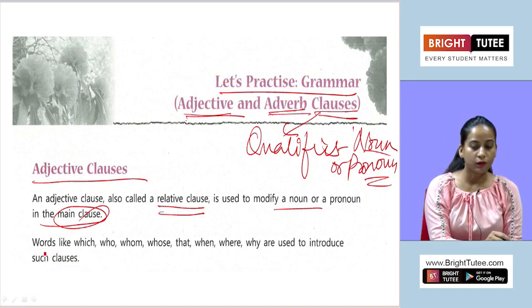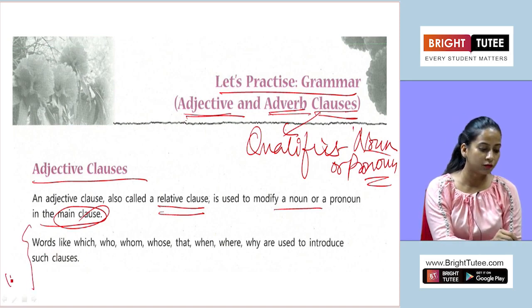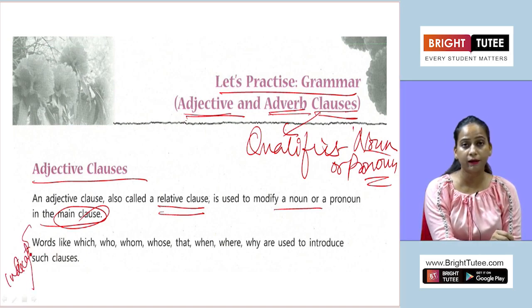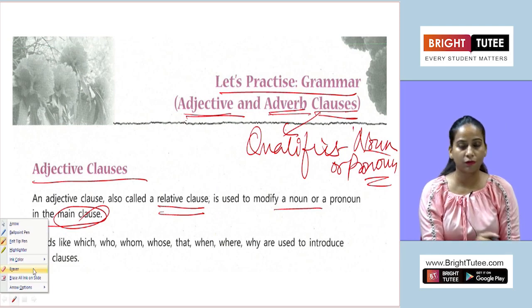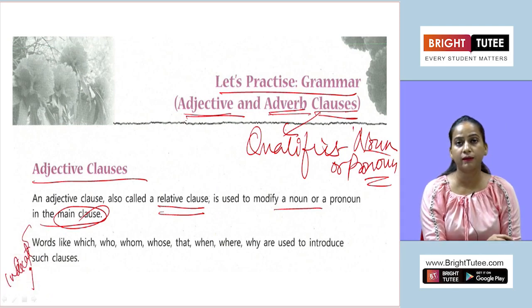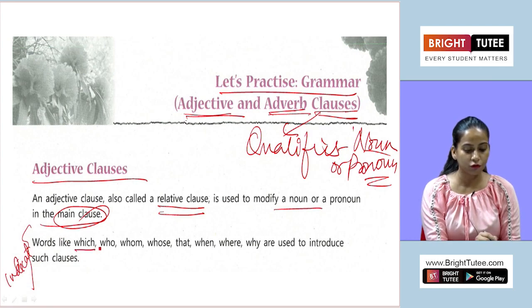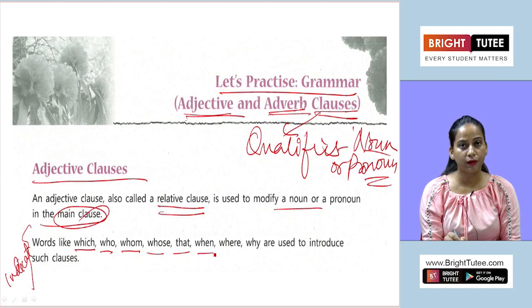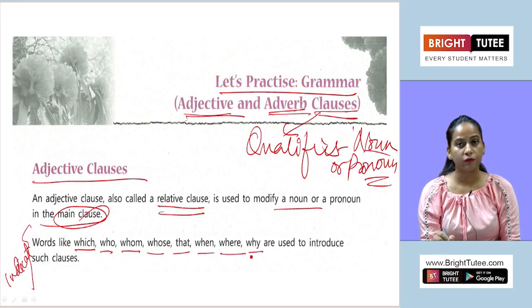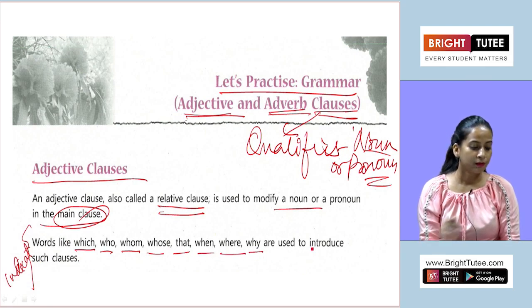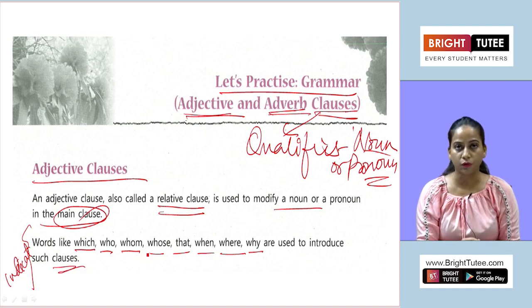Clear? A few indications are given to identify these adjective clauses, like which, who, whom, whose, that, when, where, why. So, these are some of the introductory words we can use.